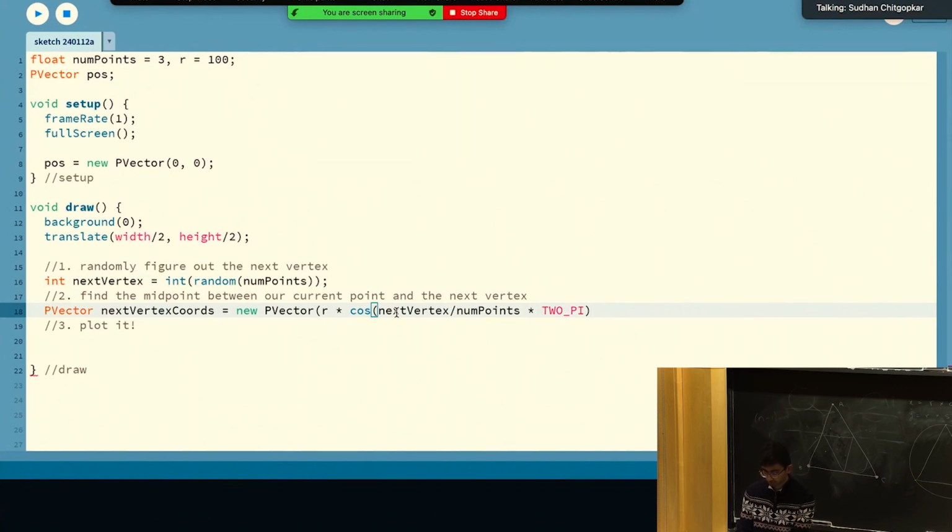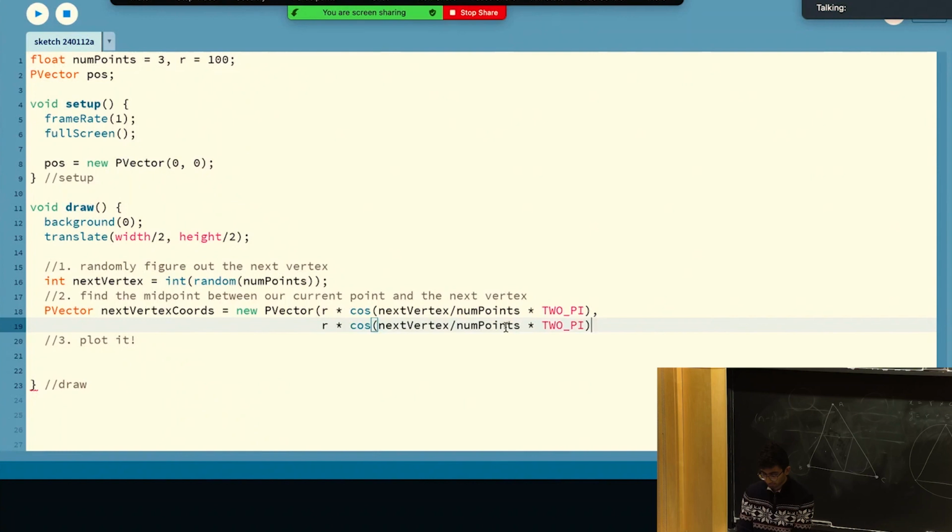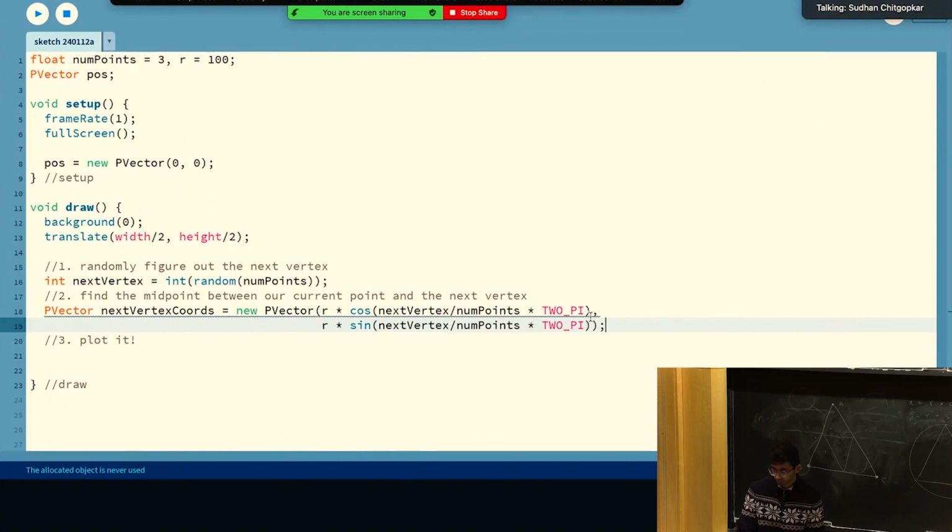And that's going to be our x-coordinate. Our y-coordinate is very similar, exactly the same thing but with sine. And that should be the coordinates of our next point.